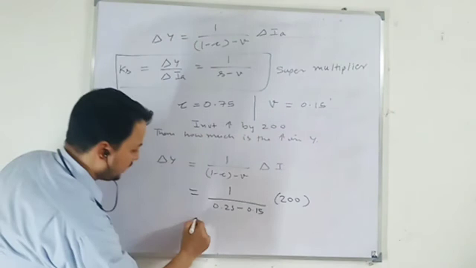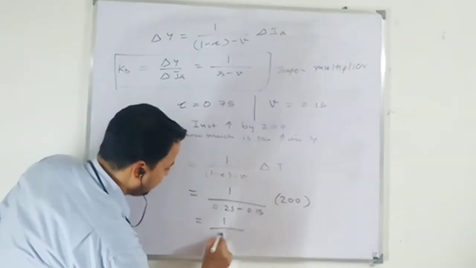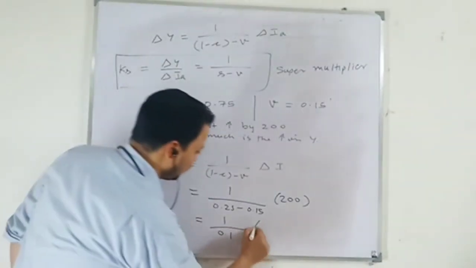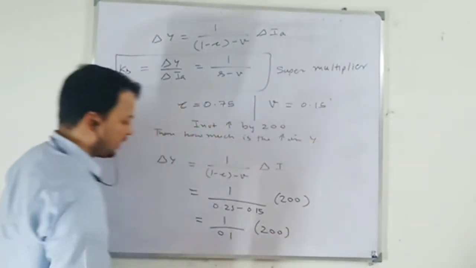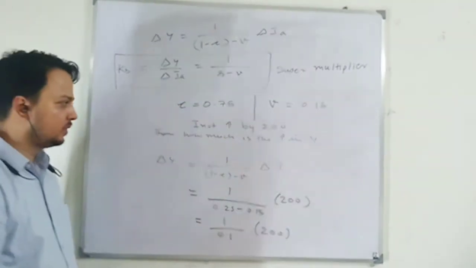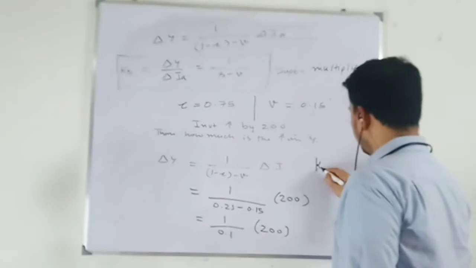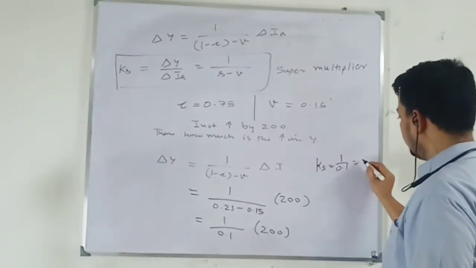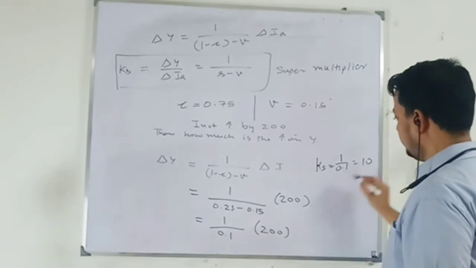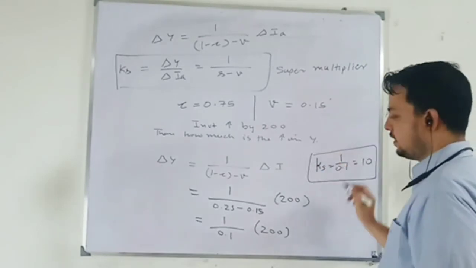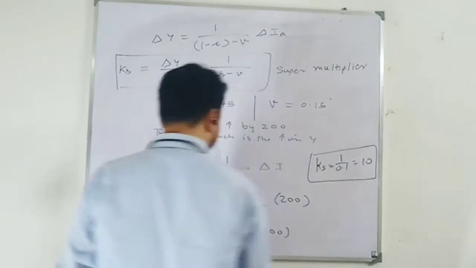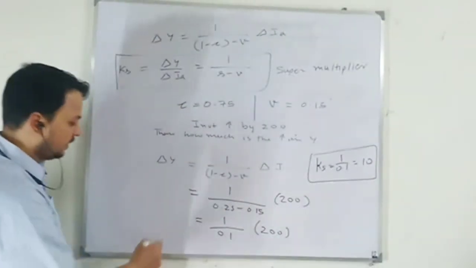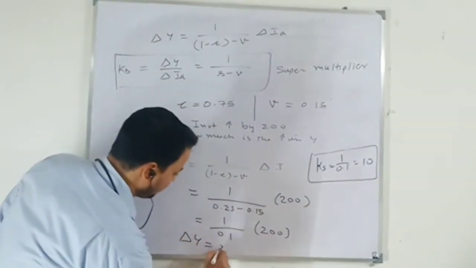So this will be 1 over 0.1 times 200. So what is the value of my super multiplier, Ks? It is 1 over 0.1, which is 1 divided by 0.1, that is 10. Initial increase in investment is 200, then my output will increase by how much? 2000.